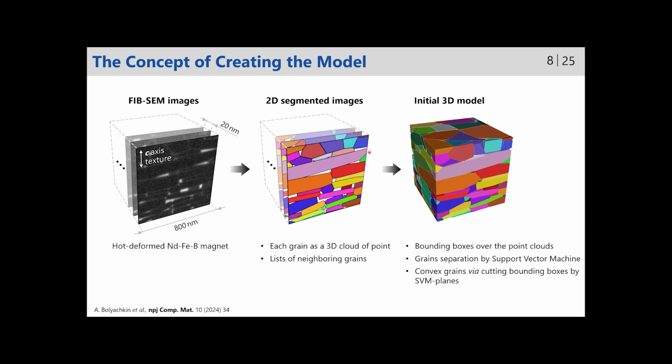For example, I can get a sequence of points along the contour of each grain in each image and have some surface distribution of the points. Then I can consider different algorithms, for example, using a support vector machine in order to define boundaries between each point cloud, and using these planes, these borders, I can finally construct the convex shape of each grain as shown on the slide.